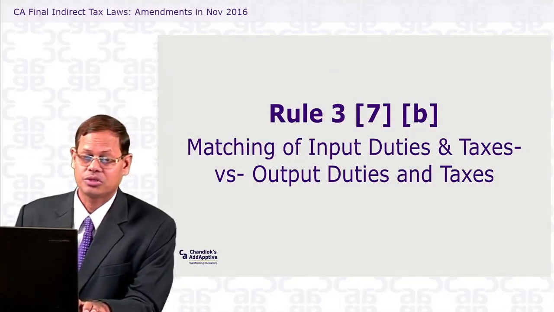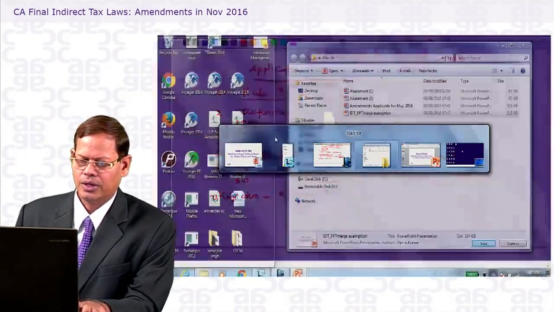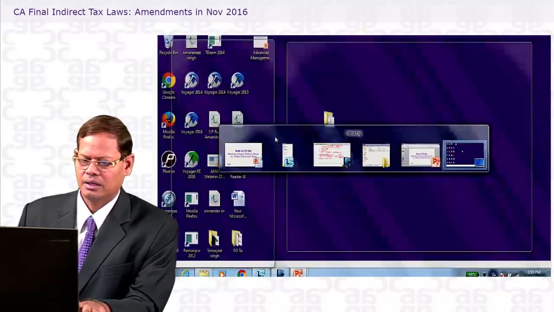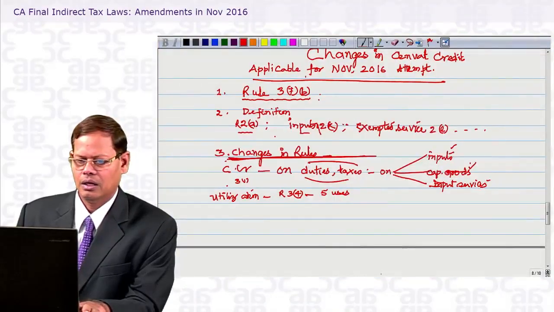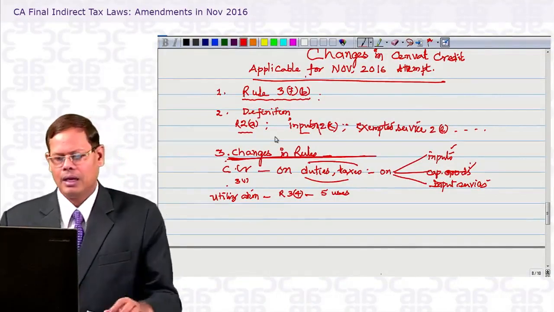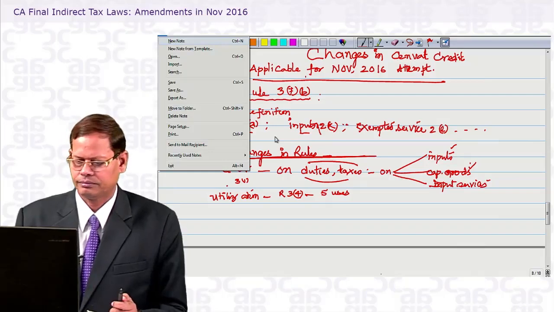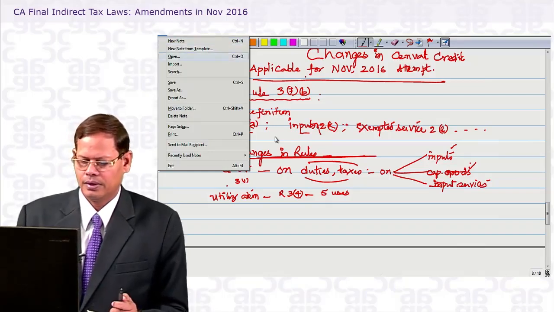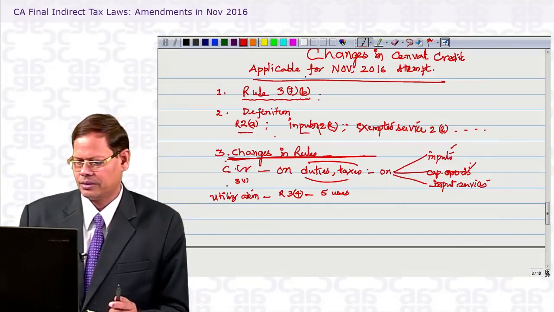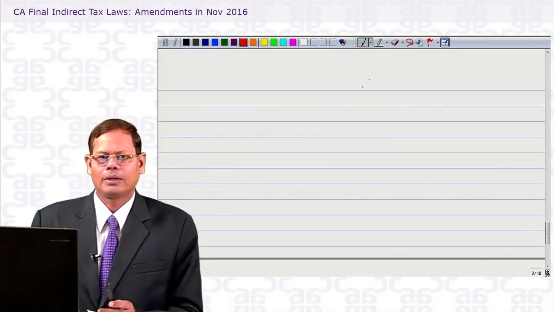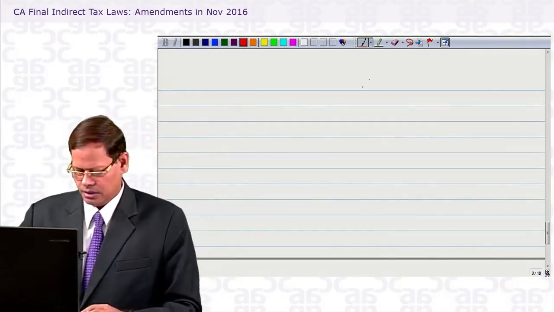Sometimes there can be a practical question also, that risk is there. To avoid that risk, what I do is, I will give you small examples so that you will be able to understand the working of the matching principle.